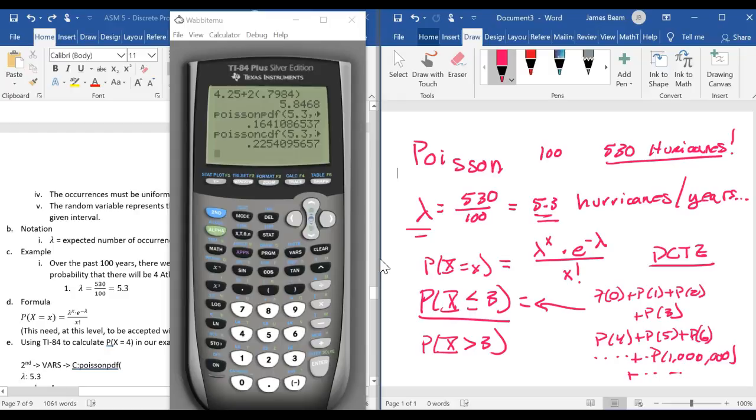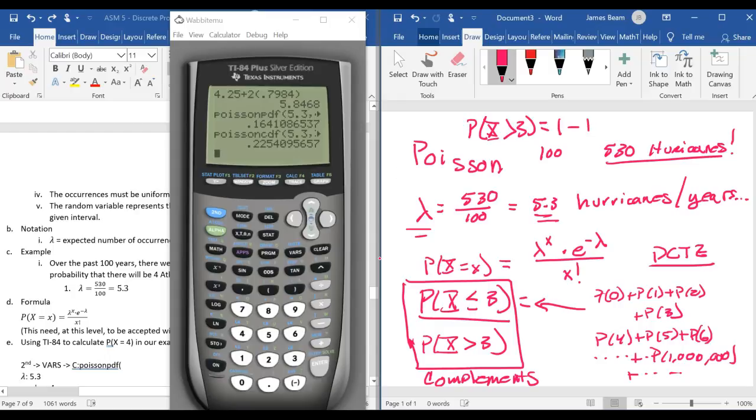But here's the trick. These are complements. So this is why we learned that back there. Complements. And the probability of having more than 3 hurricanes is actually 1 minus the probability of having less than or equal to 3 hurricanes.